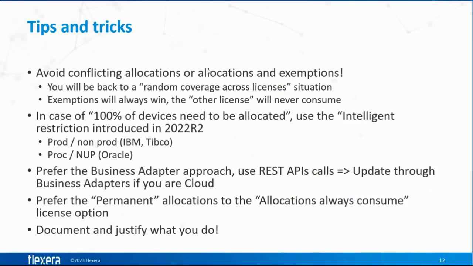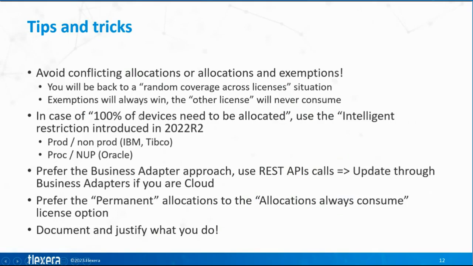But in the end, the exemption always wins because it's an allocation that consumes 0. So you had never a consumption on the production license. So the best situation is to allocate the production servers to the production license and allocate the non-production servers to the non-production license.